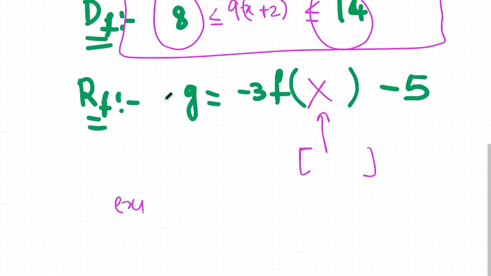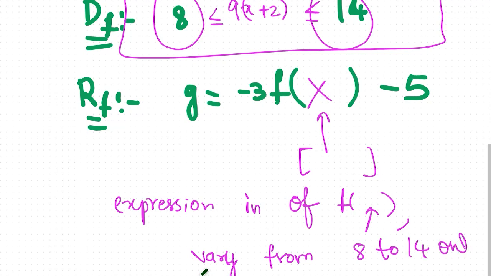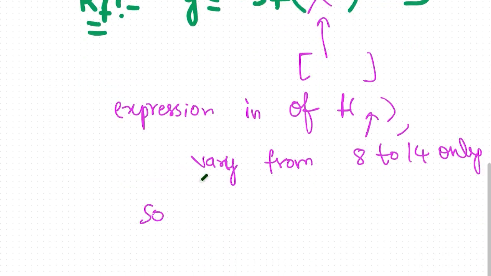So the expression inside f of x, the simplified domain, varies from 8 to 14 only. So treat it as f of x only.